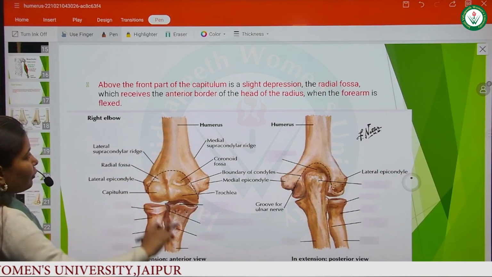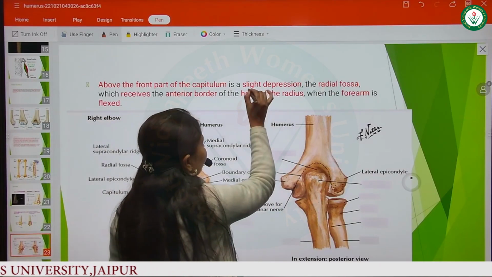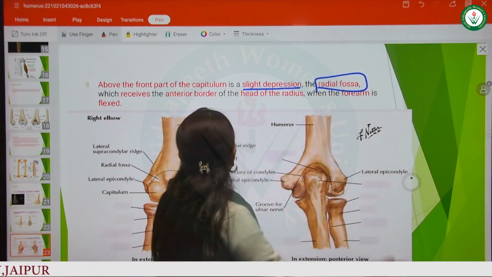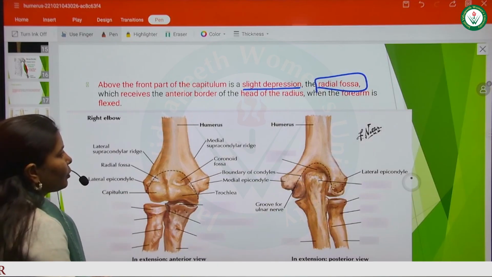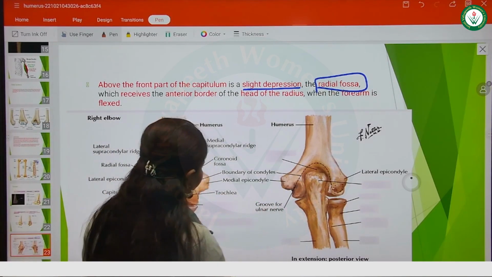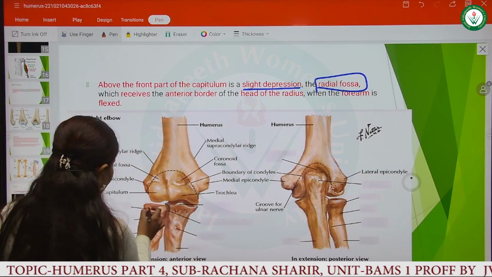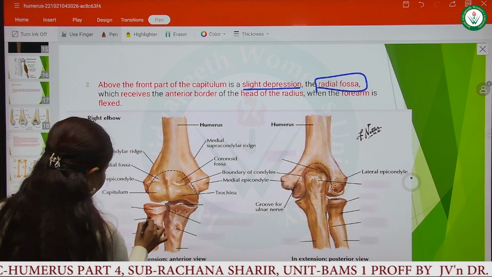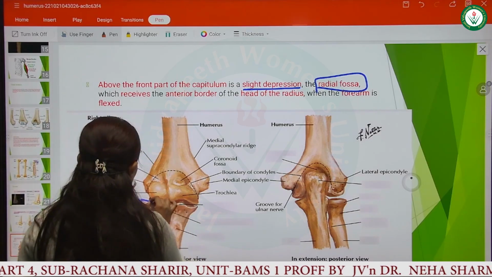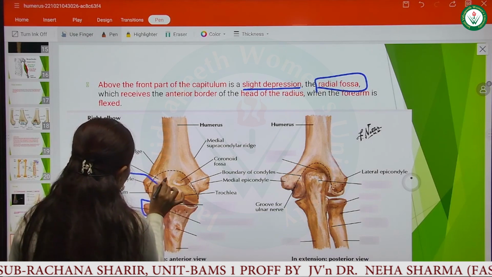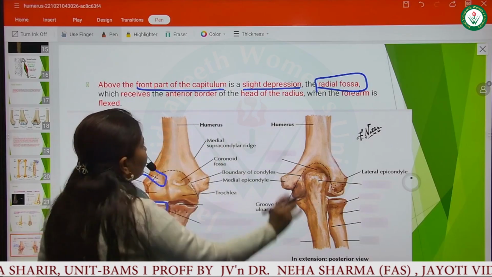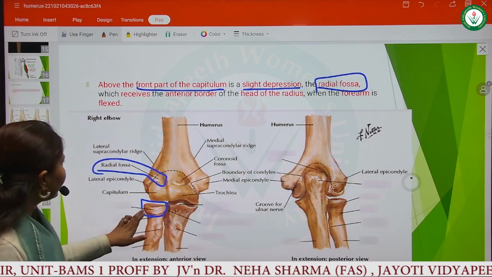Above the front part of the capitulum there is a slight depression, the radial fossa. This is called the radial fossa, which receives the anterior border of the head of the radius. Here we can see this is the head of the radius, and it gets attached to the radial fossa, situated in the front part of the capitulum.